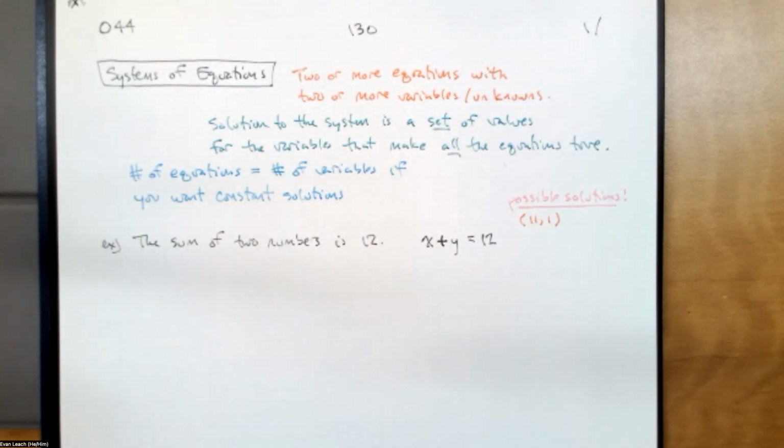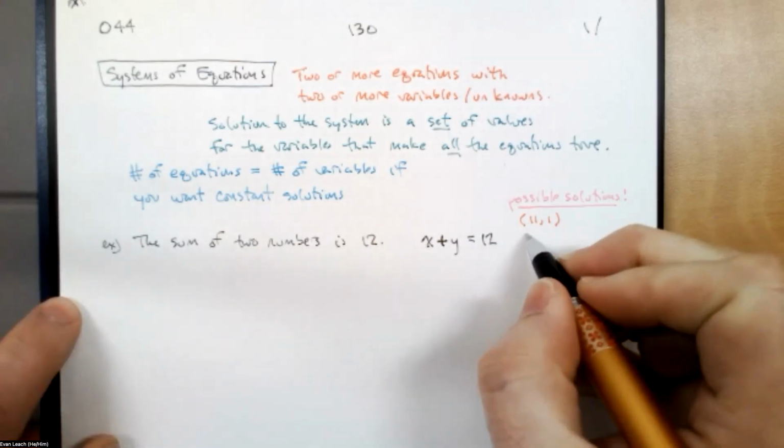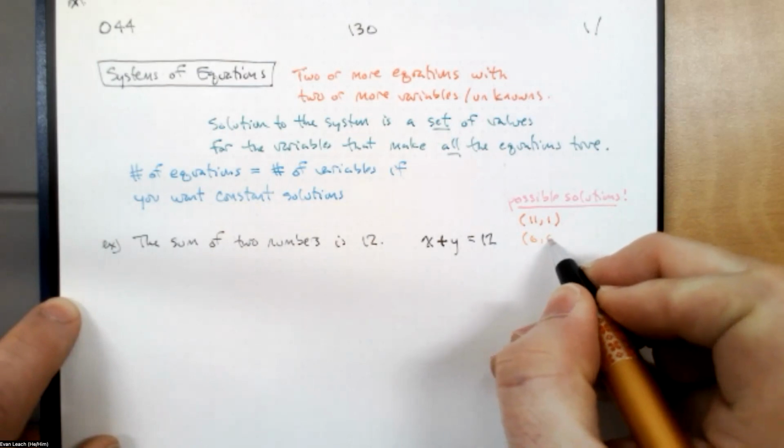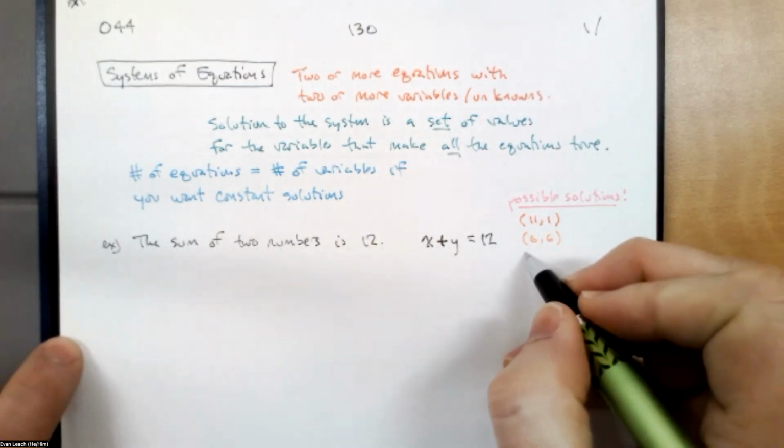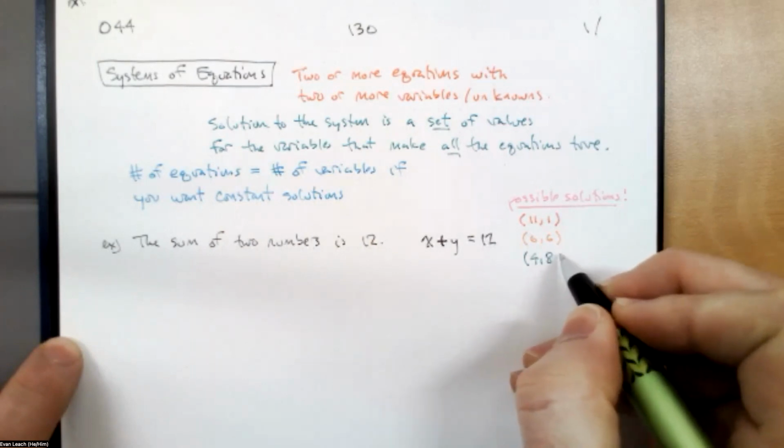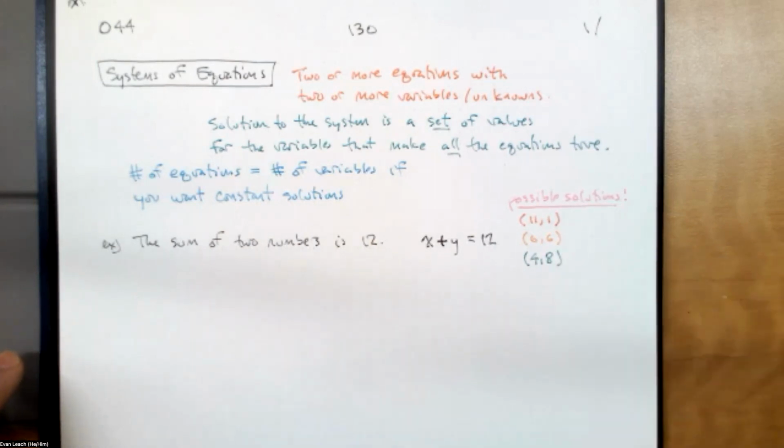It's messy. What's another solution? 6 plus 6. If x is 6 and y is 6. What's another solution? 4 plus 8. What's another solution? I have two more colors of pen.